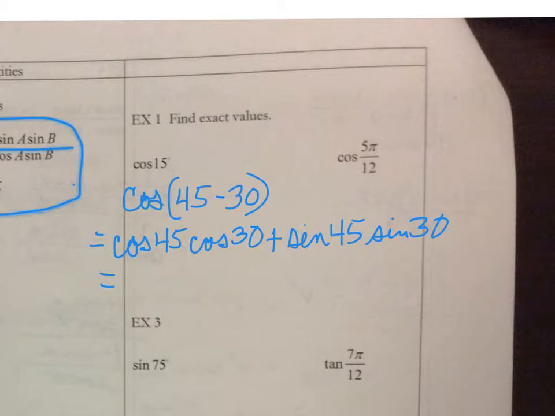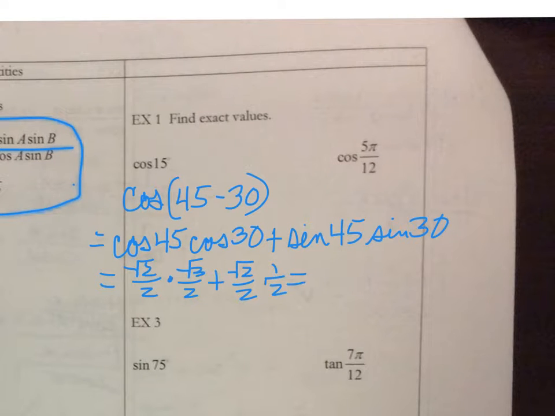We know that cosine at 45 is square root of 2 over 2. We know that the cosine at 30 is square root of 3 over 2. Plus, we know that sine at 45 is root 2 over 2. We know that sine at 30 is 1/2.